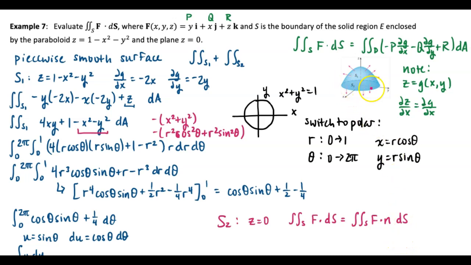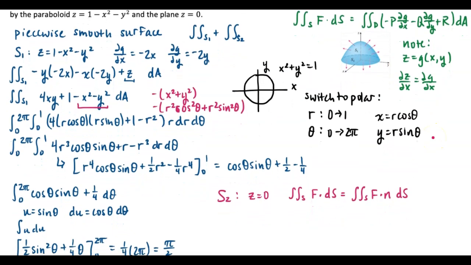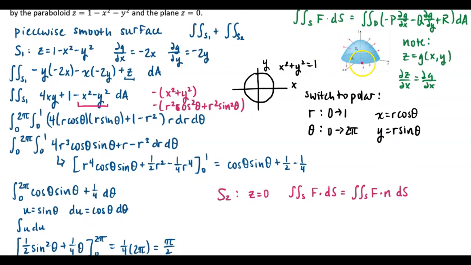Now question, what is the normal vector to S2? Well, the normal vector, and it's actually shown on here, is just an arrow pointing downward. Because this is the unit normal vector, our n is just equal to negative k. This is just a vector pointing downward with a length of 1 unit.